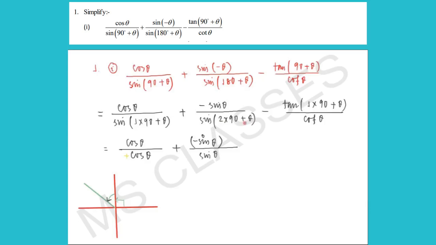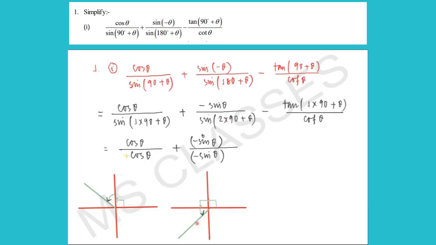Now see 2 into 90 plus theta: 2 into 90 is 180, so 180 plus something. So this is which quadrant? Third quadrant. In the third quadrant we have minus, because in the third quadrant sine is negative.